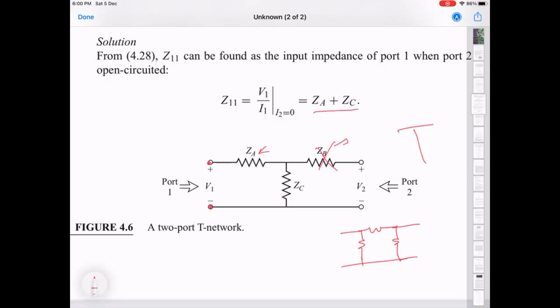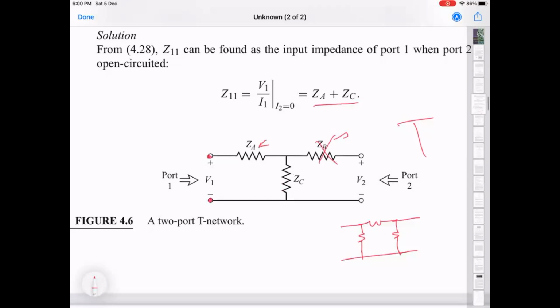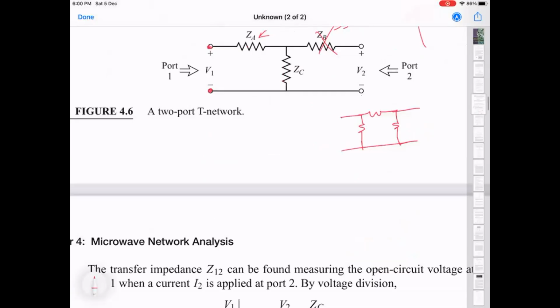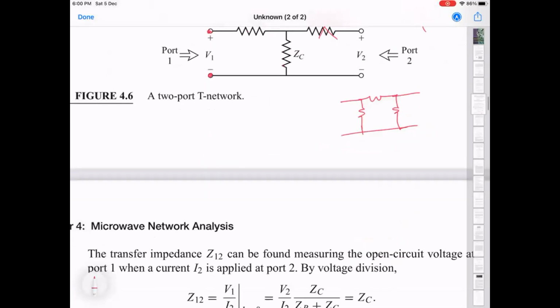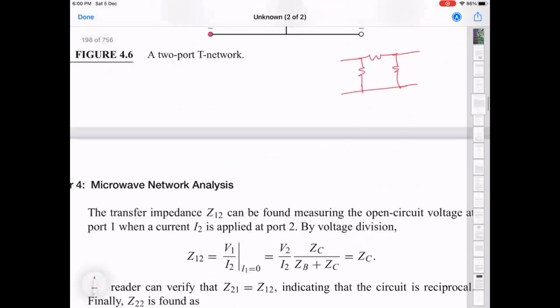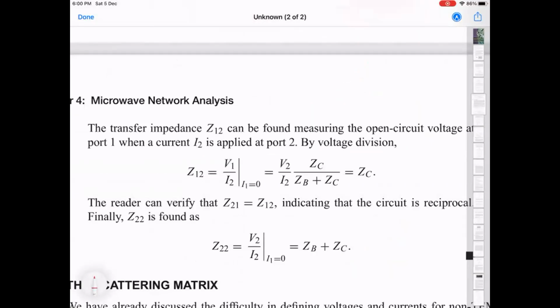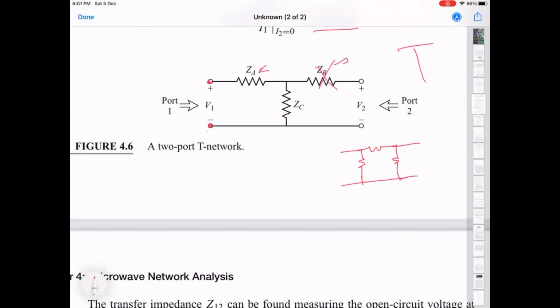Similarly, if you now do it from the other side, Z22 will just be ZB plus ZC, which is what is here. And then the slightly subtle one is V1 over I2, with I1 being 0. This is a little strange because you have to set the current here to 0, which means that this is open, and it's the voltage of this side and the current on that side.